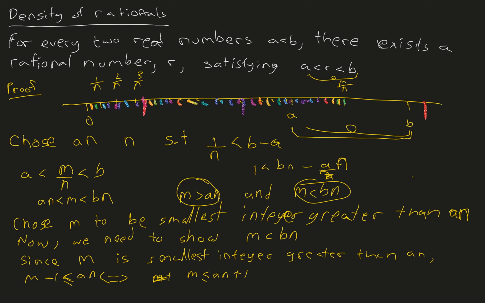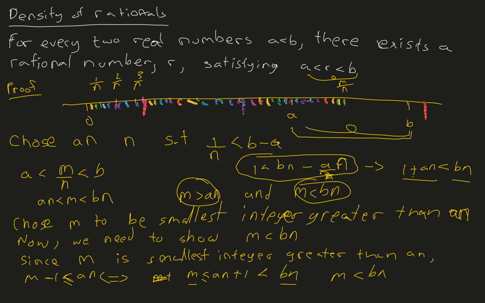And from the earlier inequality, an plus 1 is less than bn. Since m is less than or equal to an plus 1, which is less than bn, we have shown that m is less than bn.